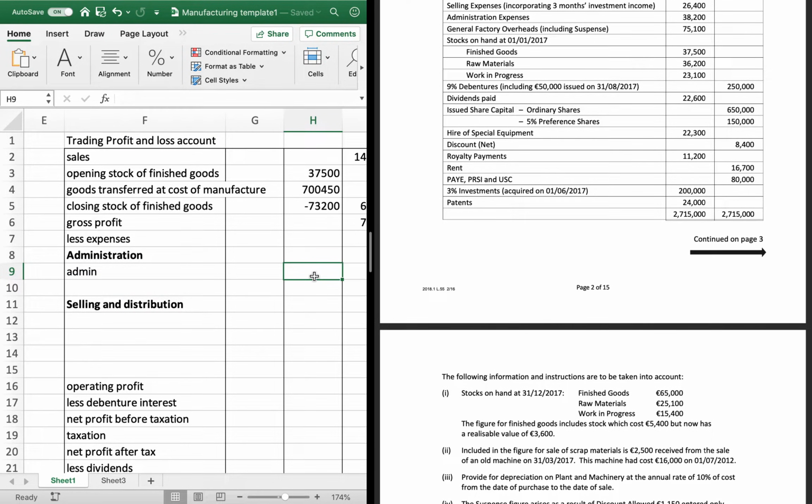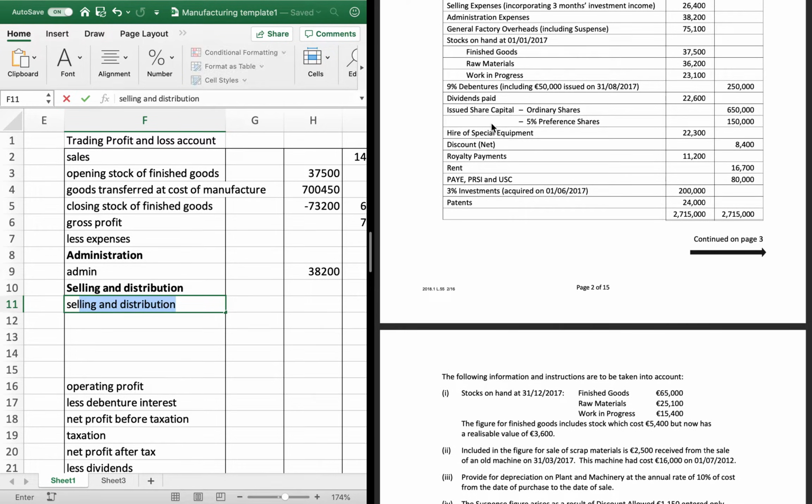Normally you would also have depreciation of buildings, but there's none in this one, so we can skip that and go on to our selling and distribution. You could also have rent, but rent is another operating income in this case. And they could tell you to put some of the general overheads into the trading profit and loss account, but they haven't. So we only have admin.